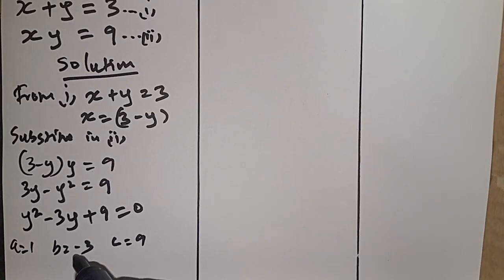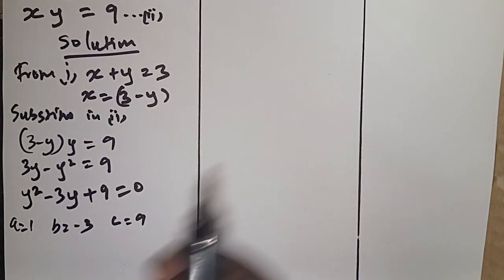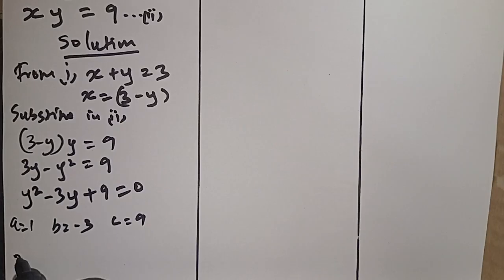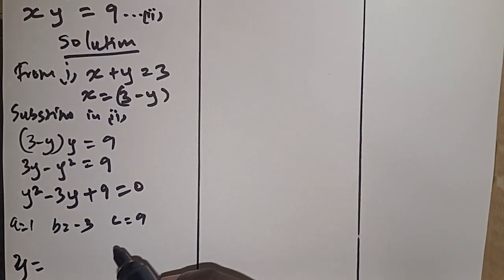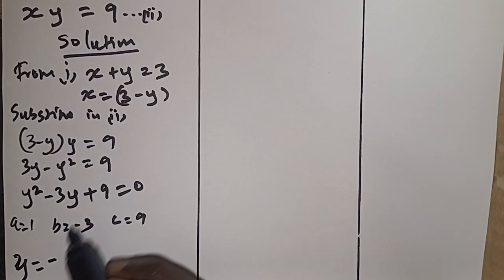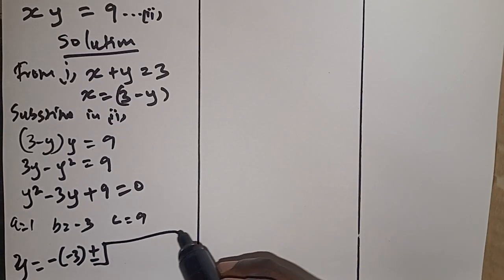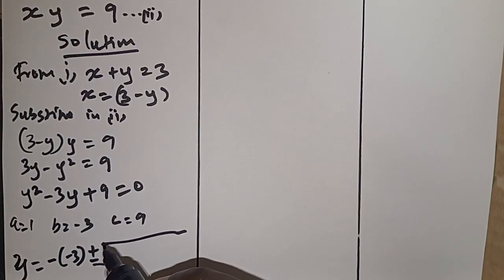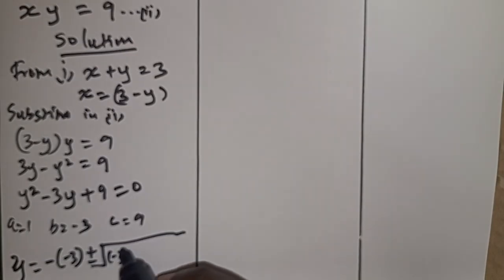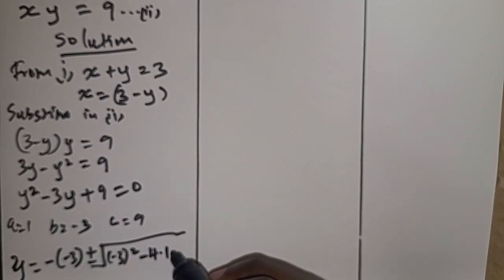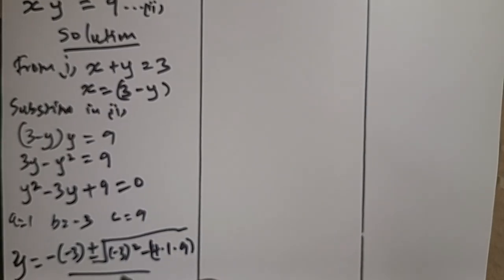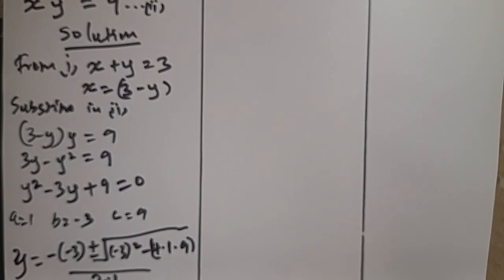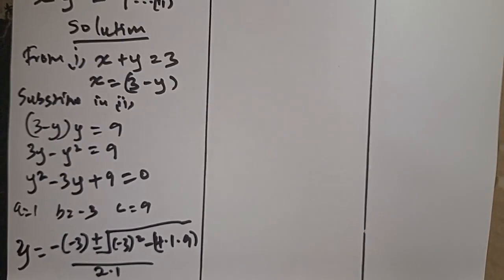Substituting this and working it out using the quadratic formula, y is equal to negative b, so that is negative of negative 3, plus or minus the square root of b squared, that is negative 3 squared, minus 4 times a times c, everything divided by 2a, that is 2 times 1.